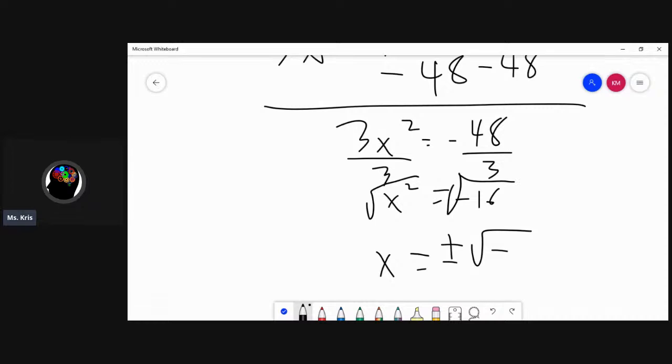Therefore, you should have a plus and minus square root of negative 16. Once you find that, x should be equal to plus or minus, where we know the negative is going to give me i, and the 16 is going to give me 4. Therefore, my answer is plus or minus 4i.